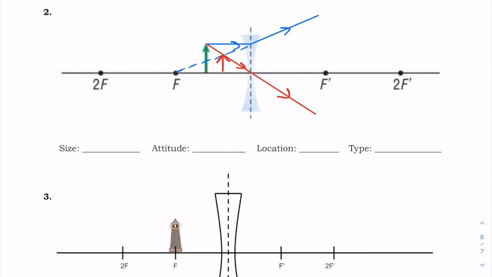Right, as for the image, it appears to be smaller, upright, behind the lens, and virtual.